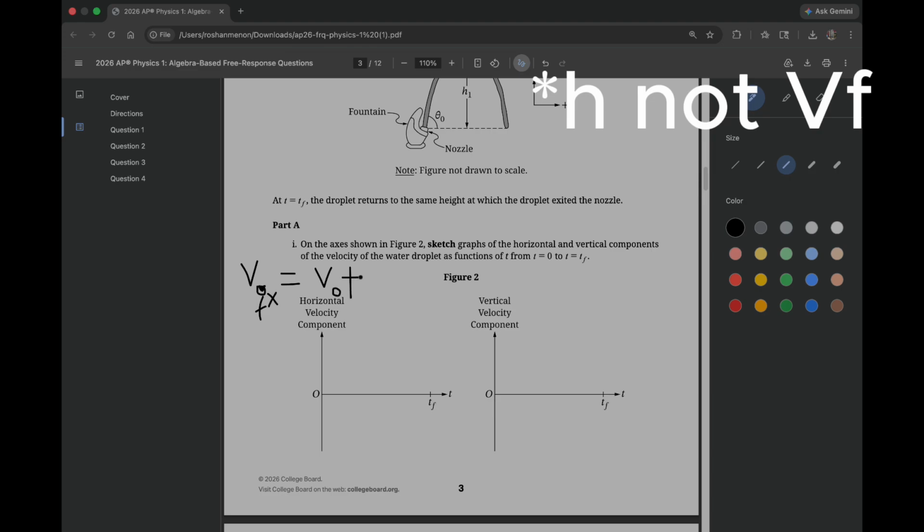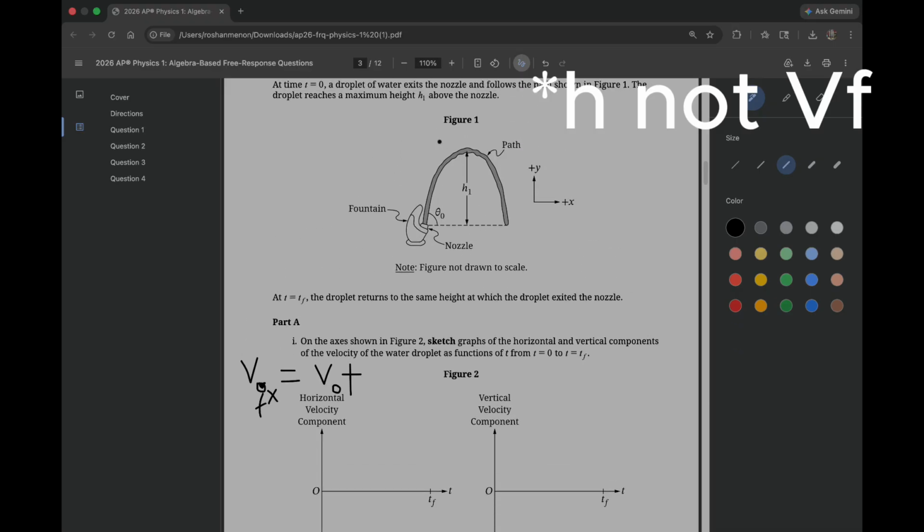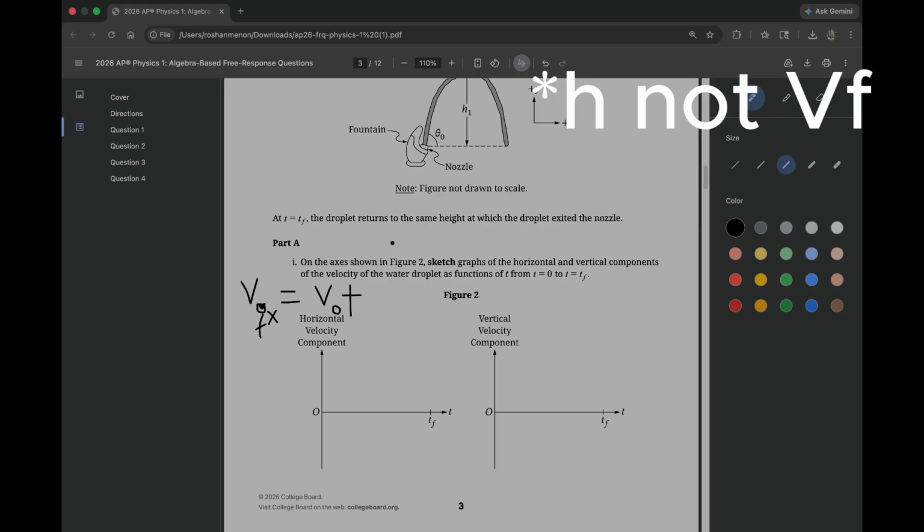There's no acceleration, so you have that initial velocity, and the velocity graph would be constant and the slope would be 0 because there's no acceleration. So you'd do a constant straight line like this, and that's it. You have some initial velocity.